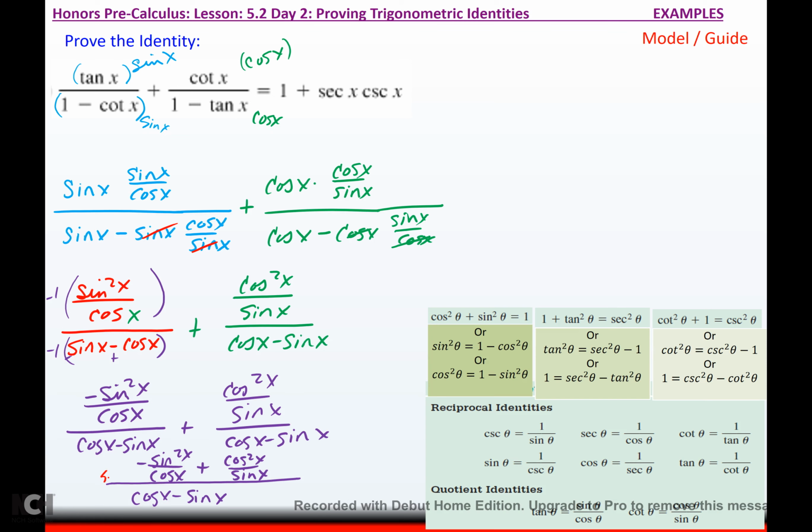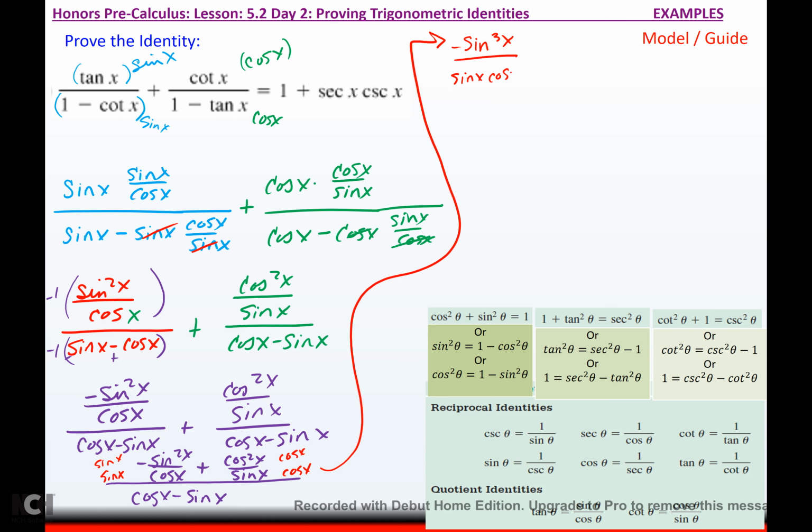So I'm going to have to multiply by sine x and cosine x, and cosine x. And that's going to give me negative sine cubed x over sine x cosine x plus cosine cubed x over sine x cosine x, all over cosine x minus sine x.